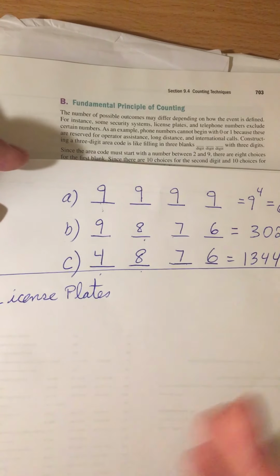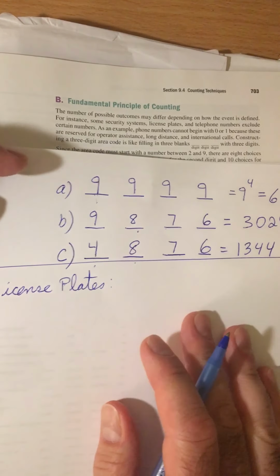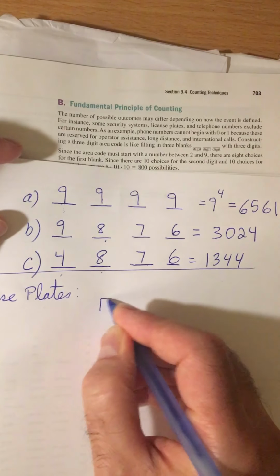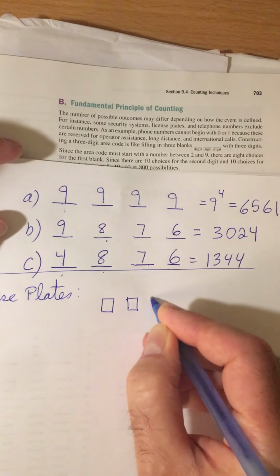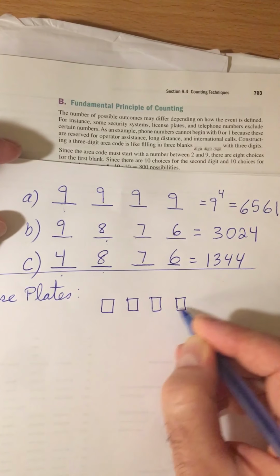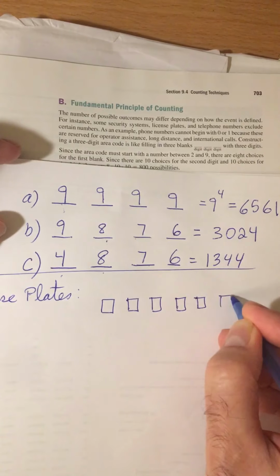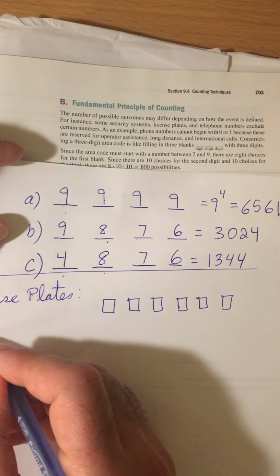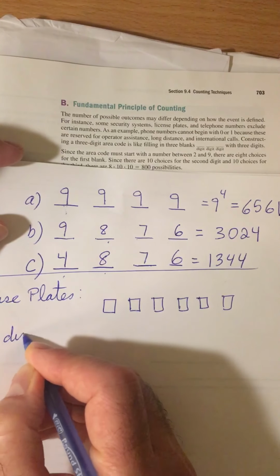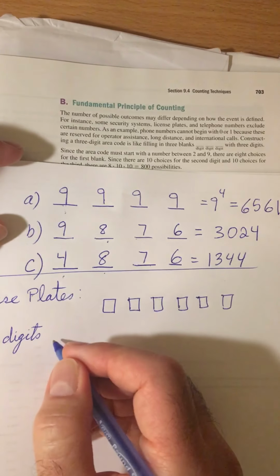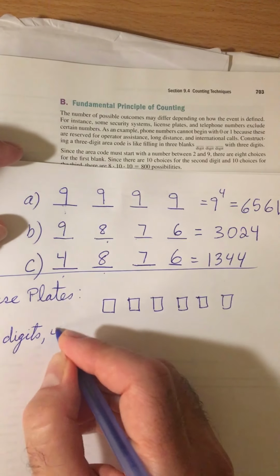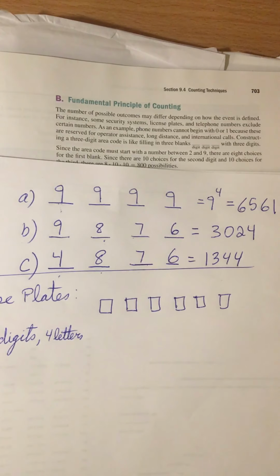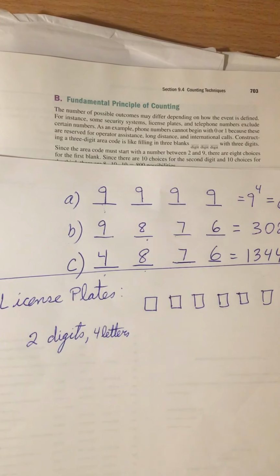Let's say, I'm just making up this example, I want to make a license plate that has 6 characters: 2 digits and 4 letters. So your license plate has to be formed by 2 digits and 4 letters.